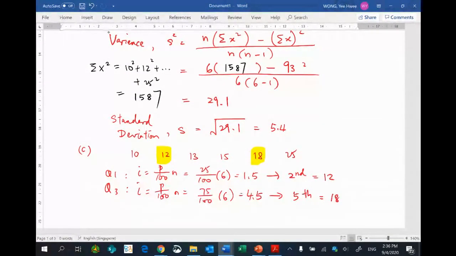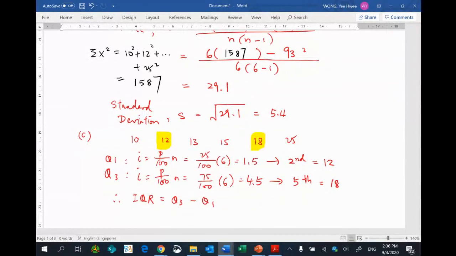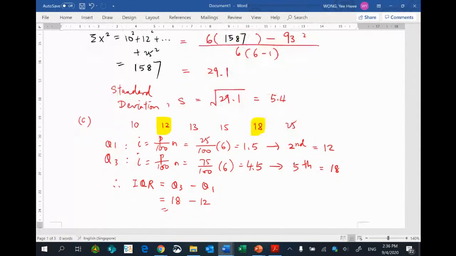So interquartile range will be Q3 minus Q1, which is 18 minus 12, give you a 6.